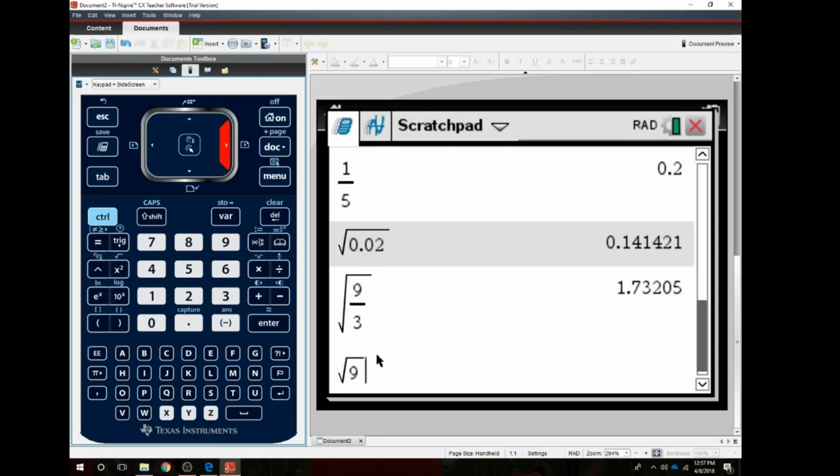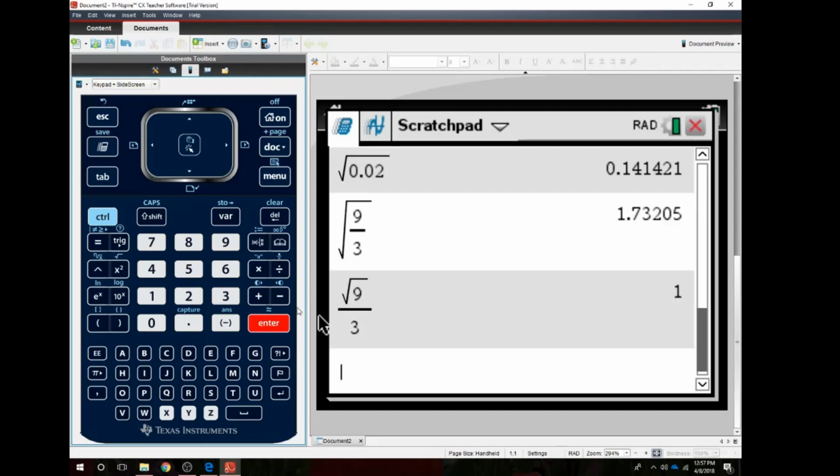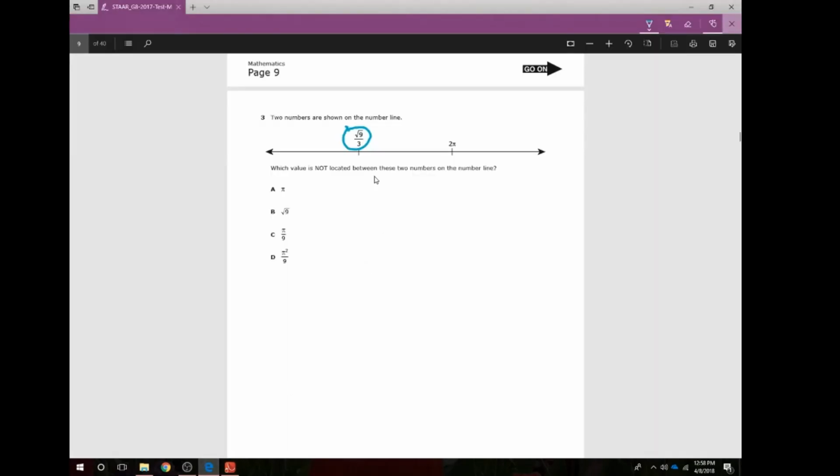See how my cursor is out of the square root now. Then I can do square root 9 divided by 3. Press enter. Notice how they look different. This one is bad. We don't want this one. This one is good. This is what we want. Our calculator screen should always match our problem. So we have this as 1.